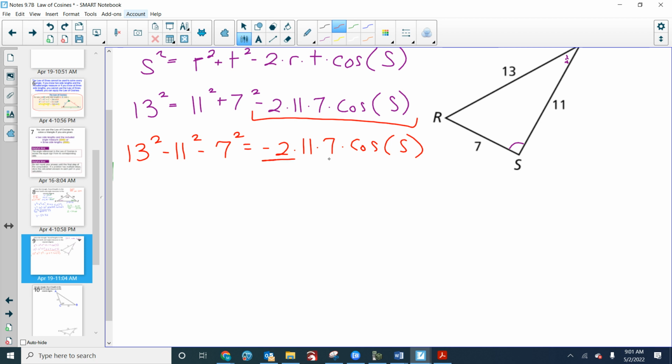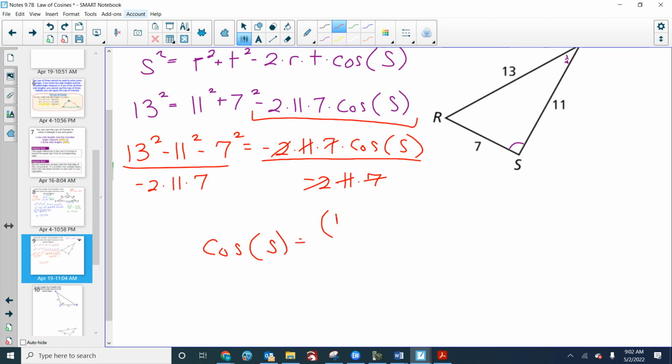So I'm dividing both sides by -2 times 11 times 7. So the cosine of S is 13 squared minus 11 squared minus 7 squared all over -2 times 11 times 7.